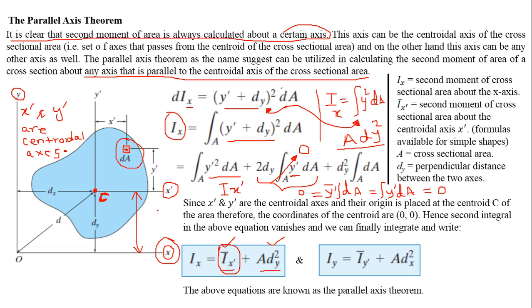Here you see that the perpendicular distance between x and x dash was dy, or is dy actually. So it is dy squared.